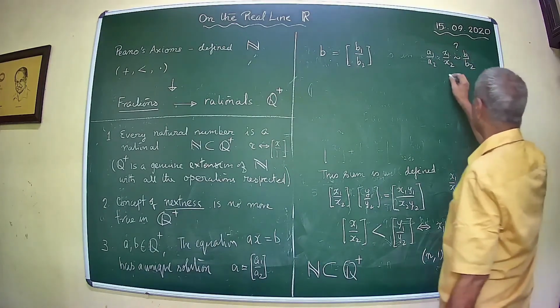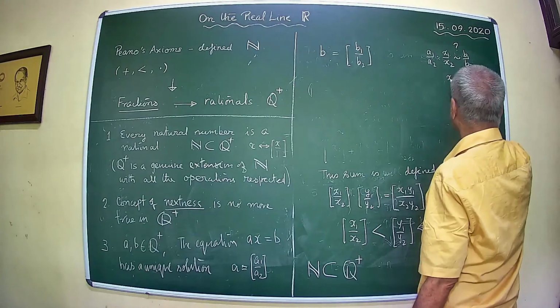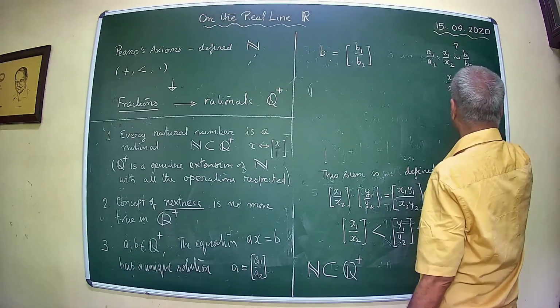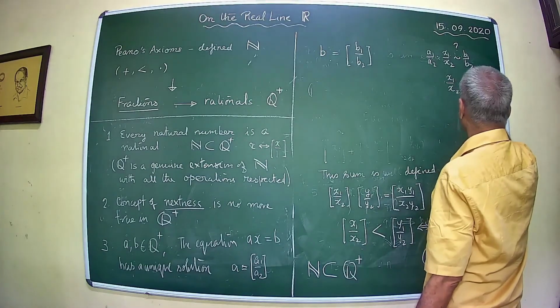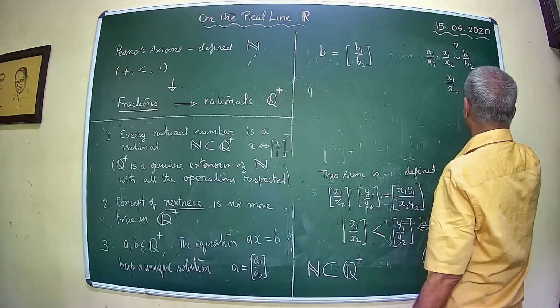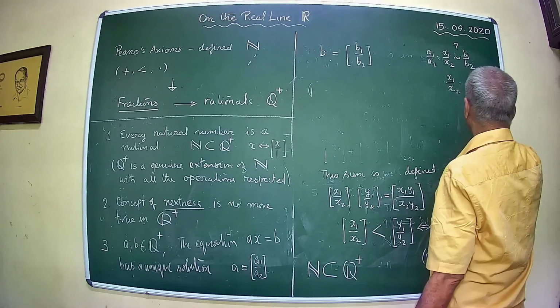What do you get? You take x1 by x2 as something like a2 b1 divided by a1 b2.